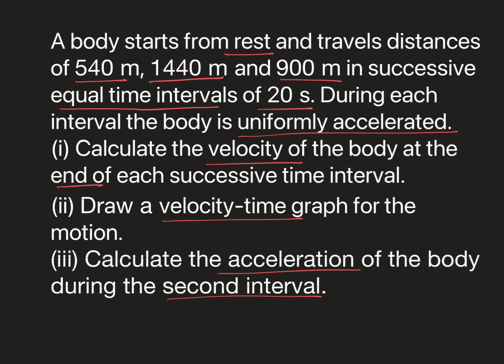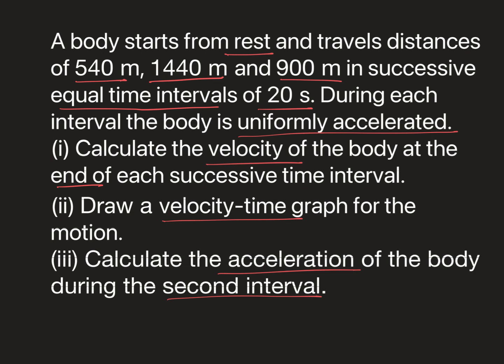What we understand from this problem is the body covers distances of 540 meters, 1440 meters, and 900 meters. Each of the distances traveled was covered in 20 seconds. And during each interval, the body was uniformly accelerated.